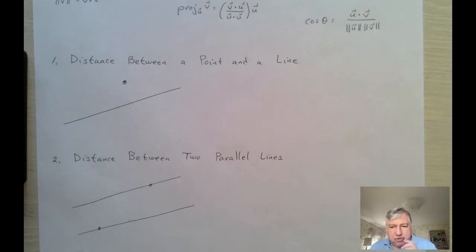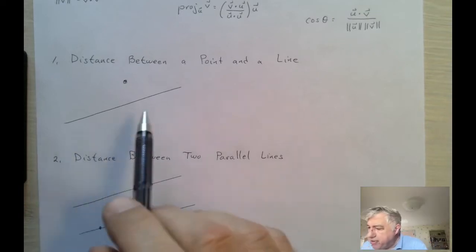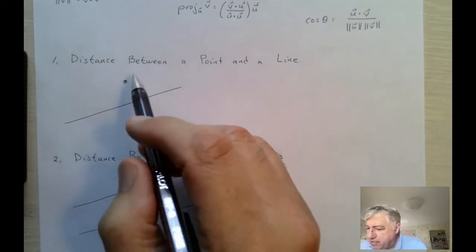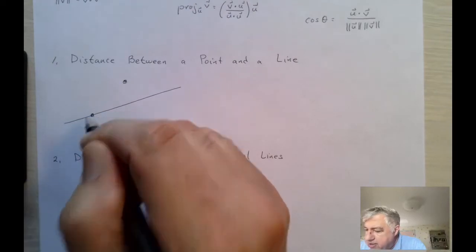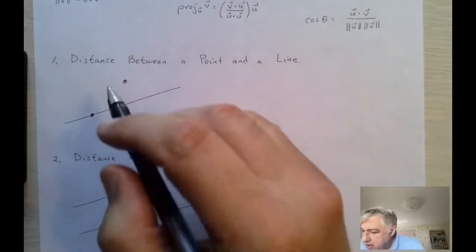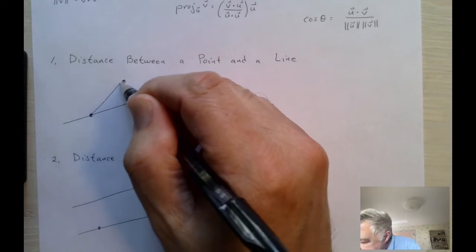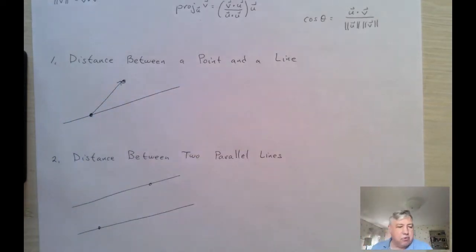We're going to try to get you the principle with as little notation as possible, right? So for the distance between a point and a line, all you really need to do is find a point on that line, and then consider the vector connecting these 2 points.